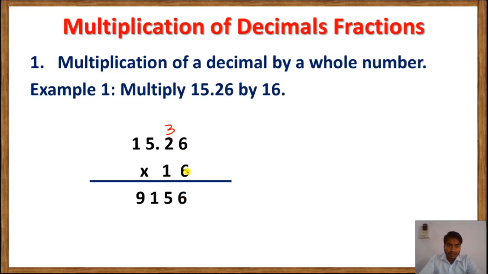Now 6 into 2 is 12, plus 3 is 15, 5 we write here and 1 carry here. Now 6 into 5 is 30, plus 1 is 31, 1 we write here and 3 carry here. Now 6 into 1 is 6, plus 3 is 9.